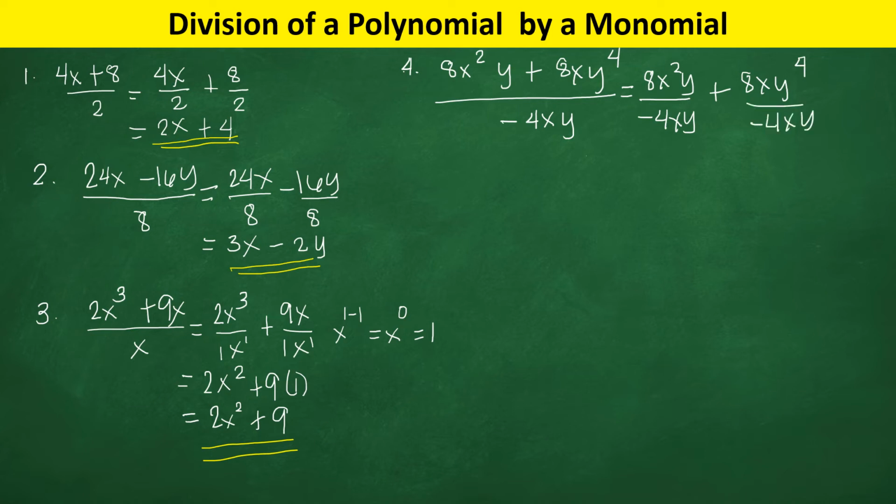Let us again divide the numerical coefficient 8 divided by negative 4. So this is negative 2. The same base, x squared and x, then just copy the base. Subtract their exponents. Again, ang exponent dito ni x ay positive 1. So 2 minus 1 is 1. Then, y divided by y, so this is already 1.